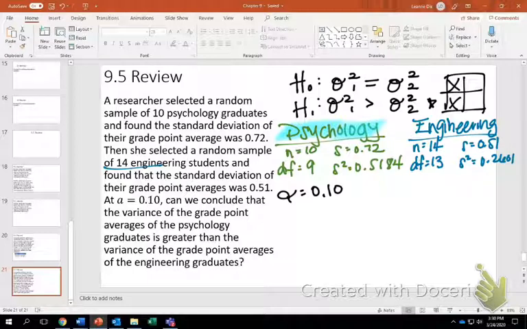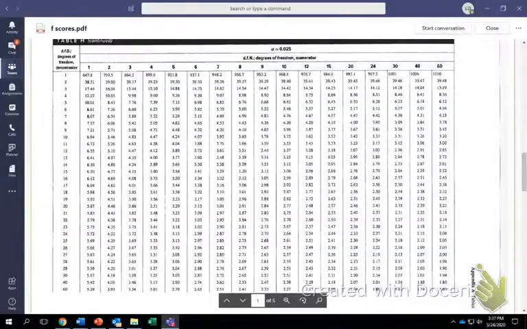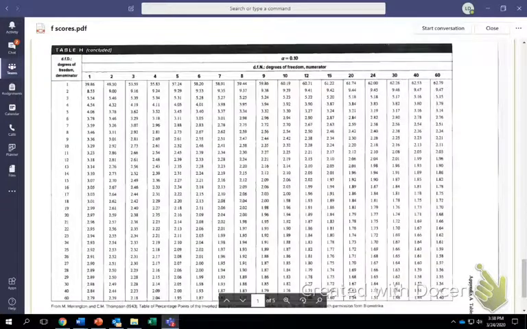0.10, and I have all my pieces, so I'm going to go to my F table on Teams to get all of this. Our alpha is going to be 0.10.